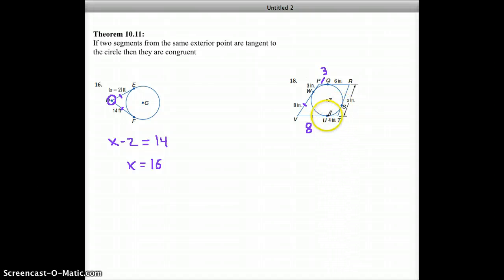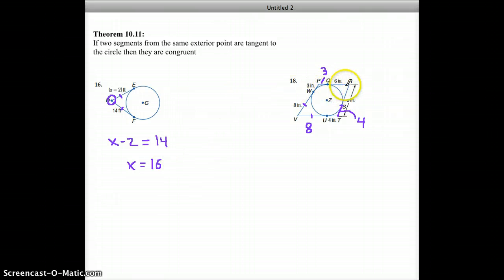They're both tangent, UT and TS, and they both come from the same exterior point, T. So this length here, which I'm going to highlight in purple, should be 4.